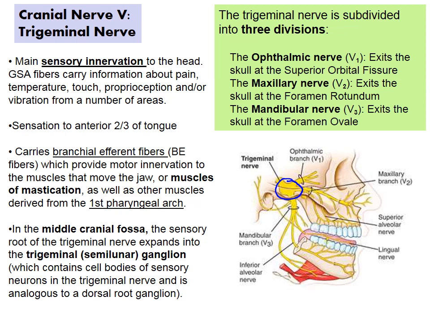Well, similarly, sensory information travels up and into here where we have all those cell bodies located for all these sensory neurons before they get transmitted further back into the pons itself. So again, that semilunar or trigeminal ganglion is basically a dorsal root ganglion for all these sensory neurons.